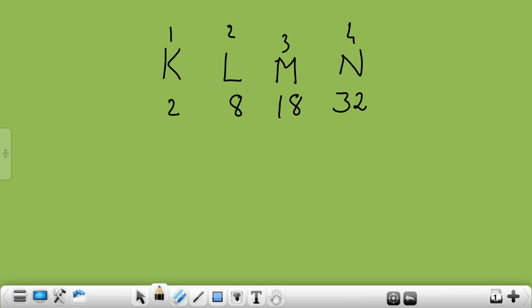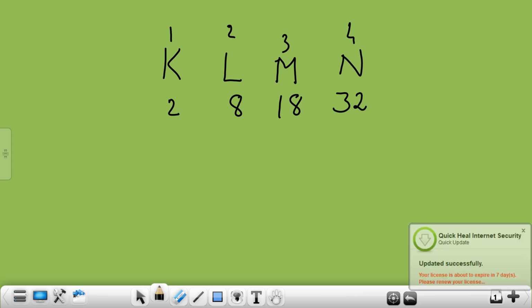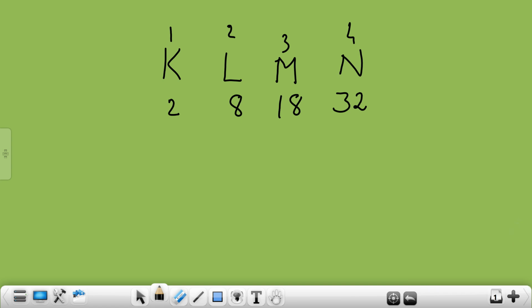In addition to this energy level, there are sub-energy levels called subshells. So there are 4 subshells, namely s, p, d, and f.